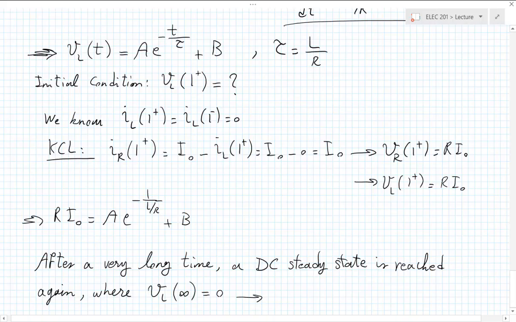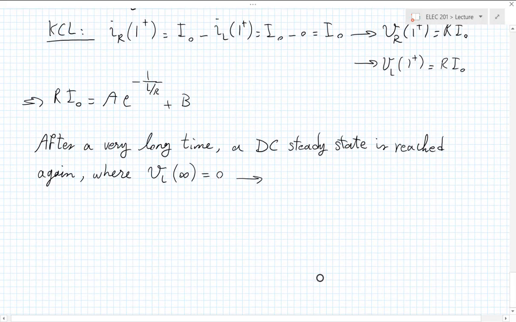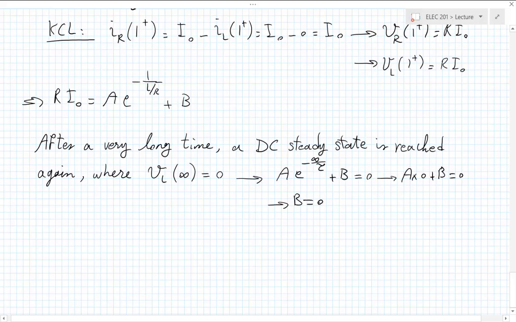Becomes 0. So it's A times 0 has no consequence. So the value after infinity is b. And we are saying b should be 0. Right? So A e to the minus infinity over tau plus b should be 0, which means A times 0 plus b should be 0, which means b should be 0.